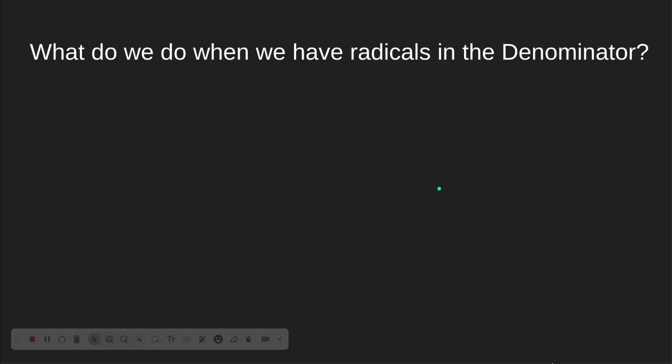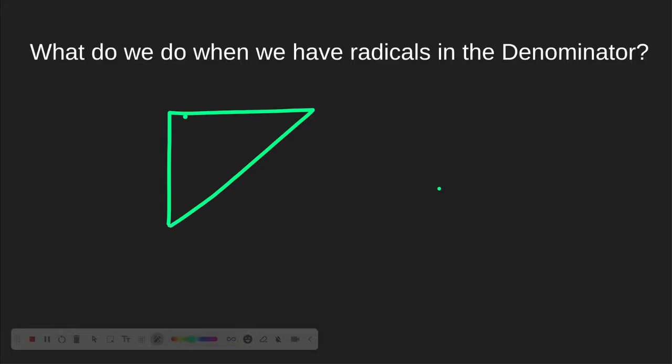All right, so now what do we do if we have a radical in the denominator? So what if we had this? What type of triangle is that? 45, 45, 90. Okay, now I'm going to sketch my little memory one.